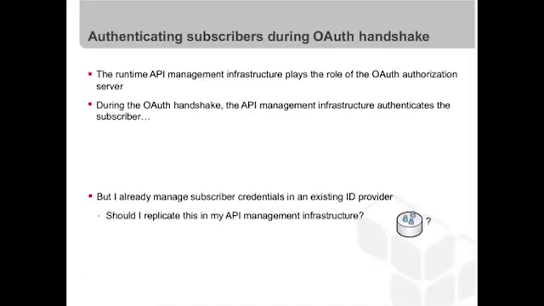And for most API providers, these identities exist before and independently of any new API. If these users already exist, you probably already have a way to check their identity. You might already be managing those identities in an existing identity solution of some sort. But now you want to leverage these identities in the context of API access control. So maybe you should replicate these identities in your API management solution.